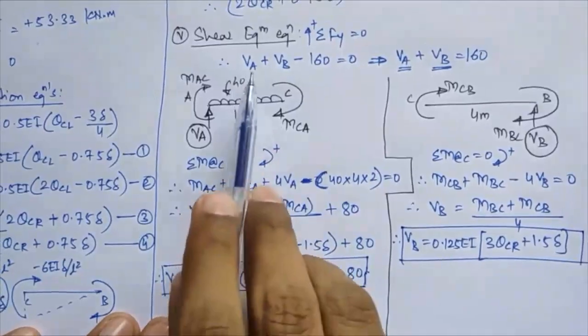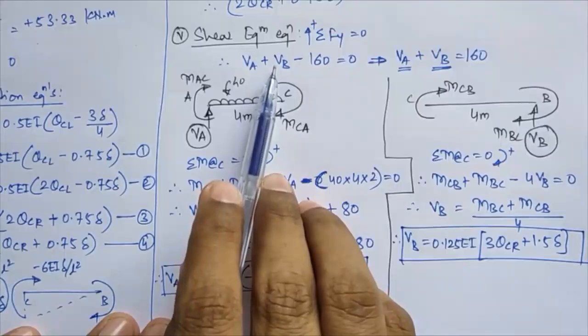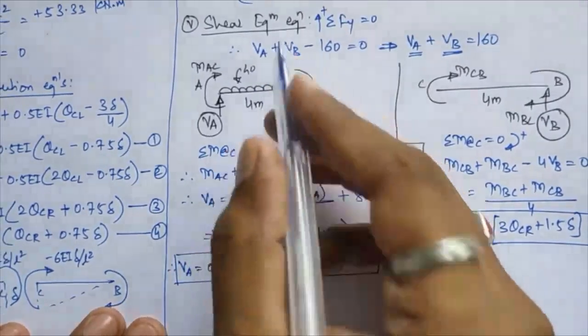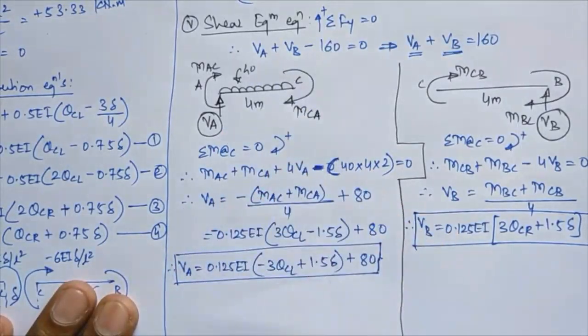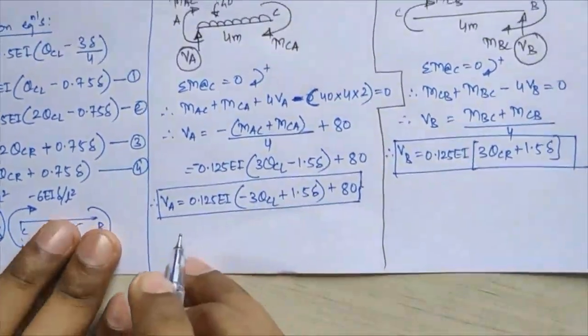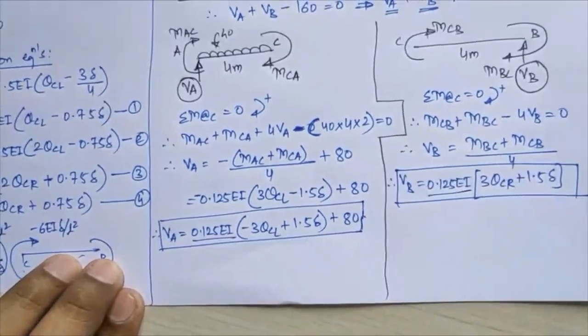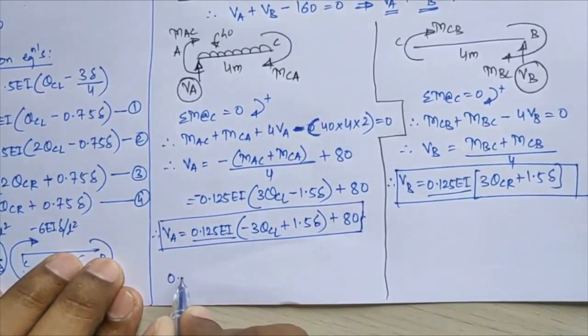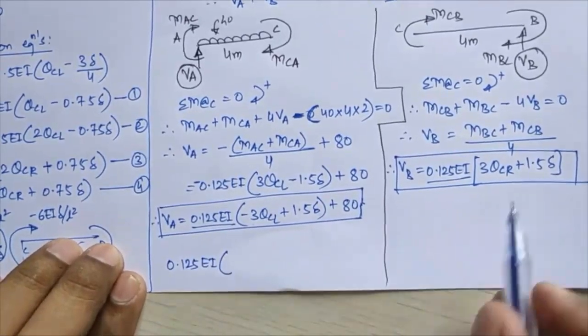Now what I have to do is substitute these two equations in my shear equilibrium equation. So here I am writing VA plus VB minus 160. Now if you see the VA and VB equations, from both of these I can take 0.125 EI common. What I'll get?